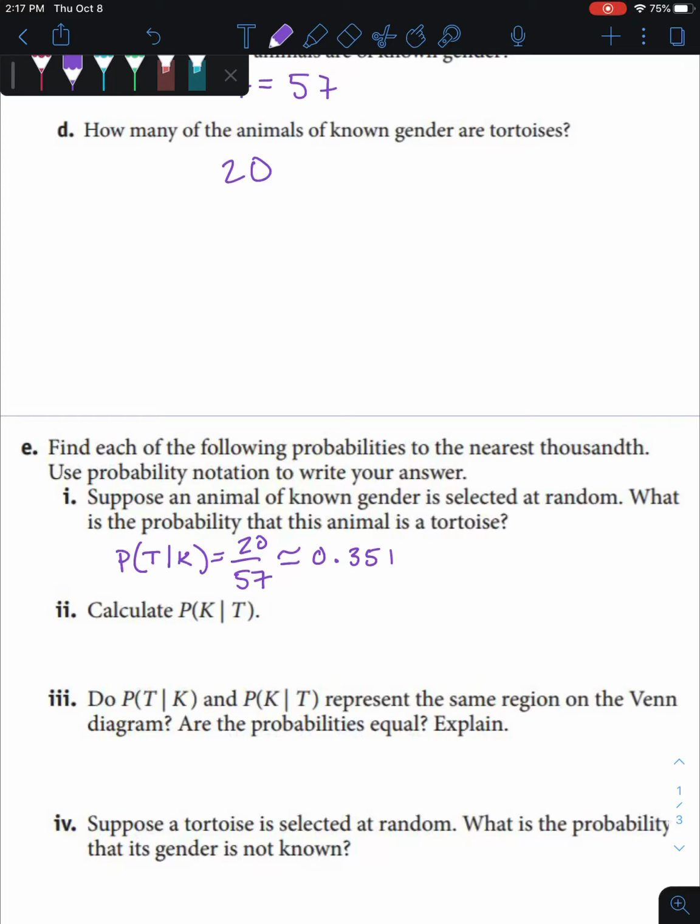All right, so now they want me to calculate the probability of K given T. So first I'm going to write this.